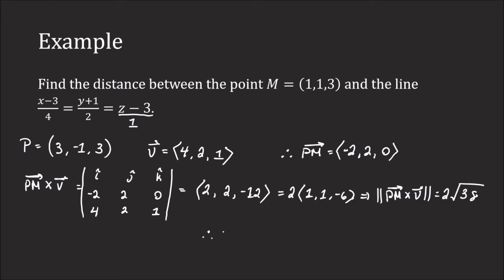So the distance is 2 square root of 38 over the magnitude of V, which is the square root of 16 plus 4 plus 1, so square root 21. You could also write this as 2 times the square root of 38 over 21.